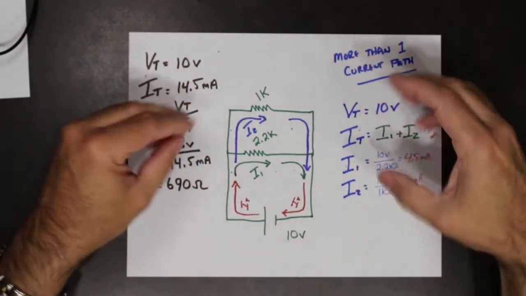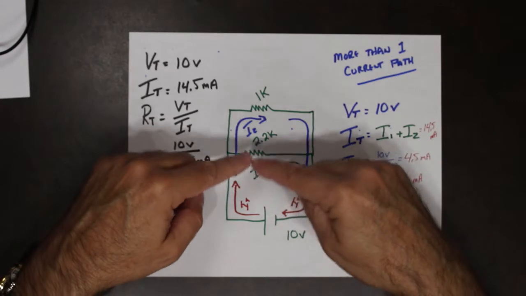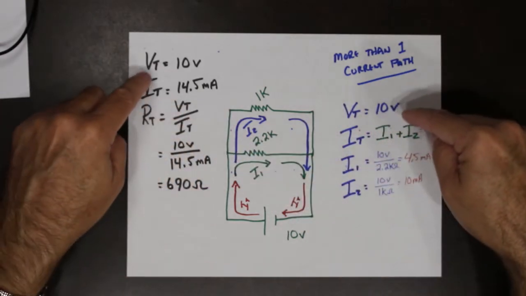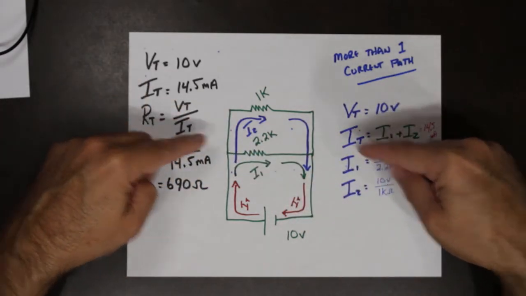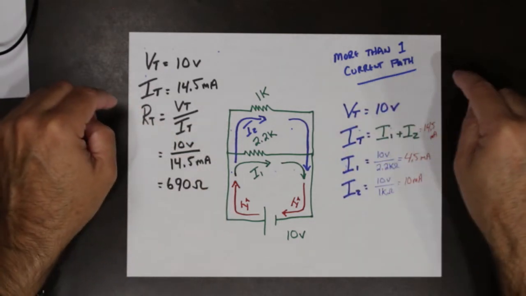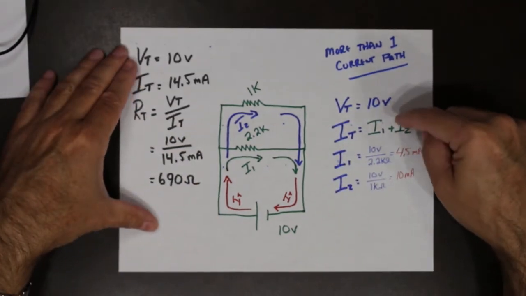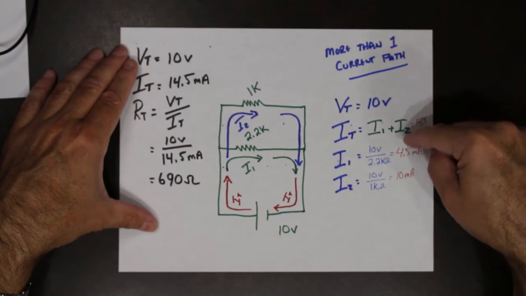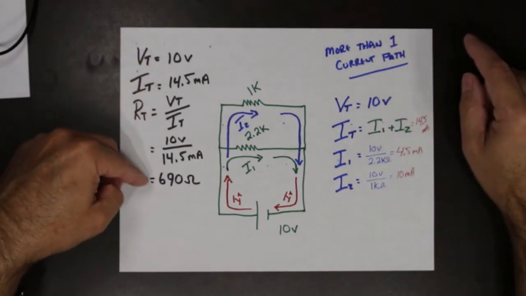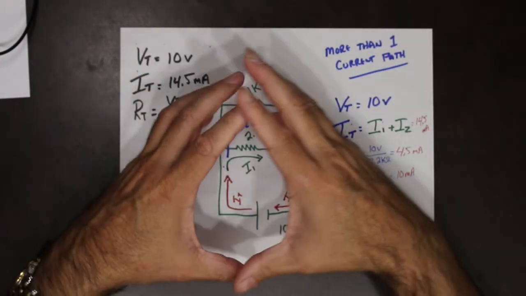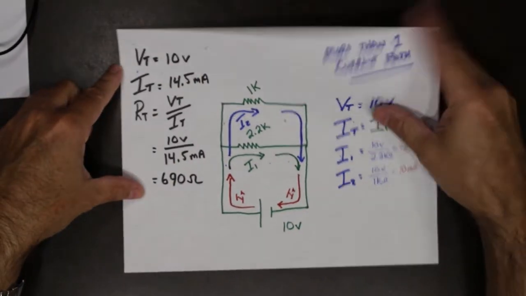So, using Ohm's law, we can actually solve for all of the things inside a parallel circuit: voltage, current totals, current individuals, and the total resistance of the full circuit.